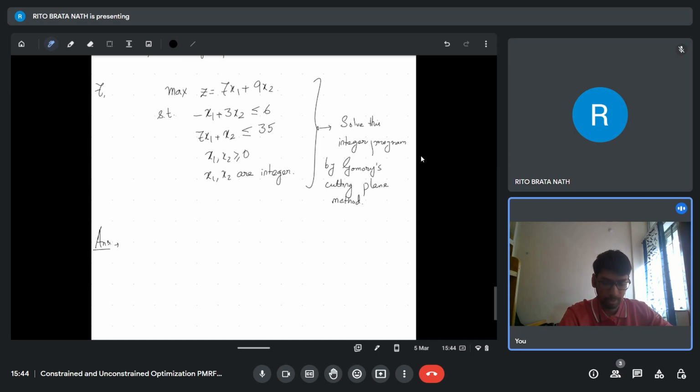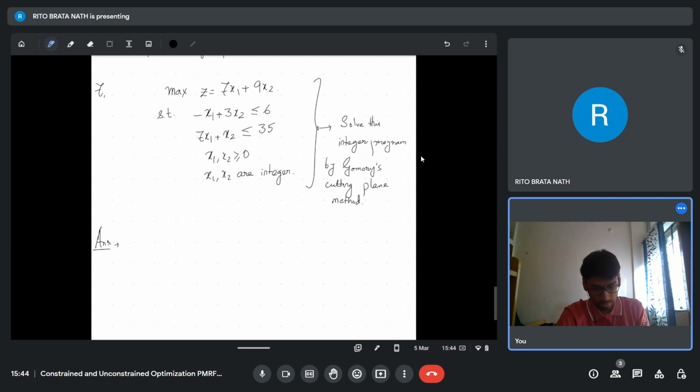That should be called like that, right? Here, one way of doing it is that you can add Gomory's cut based on the variables or the simplex tableau row that you have got, and after that you can proceed.